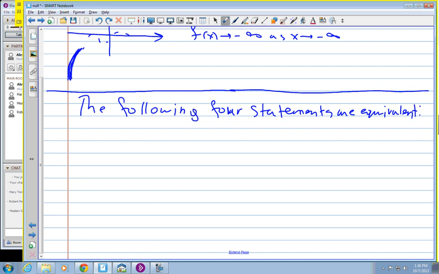What that means, if you have one out of those 4 statements, you have all 4. That's what it means, equivalent. One implies the other and so forth. So first of all, let p of x be a polynomial function.